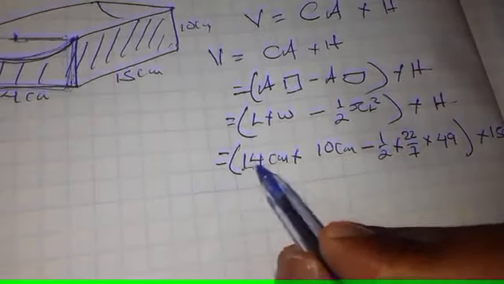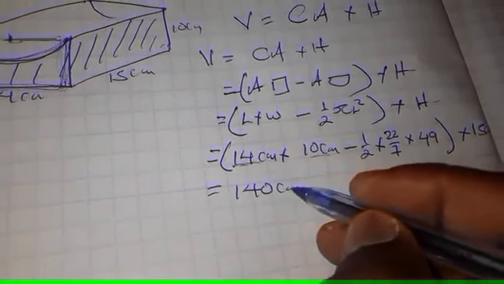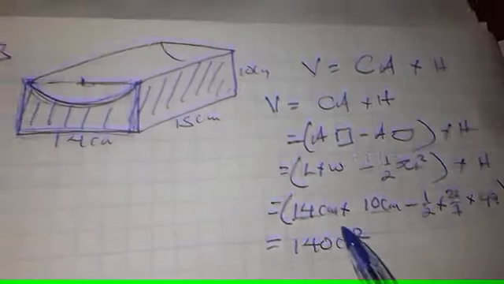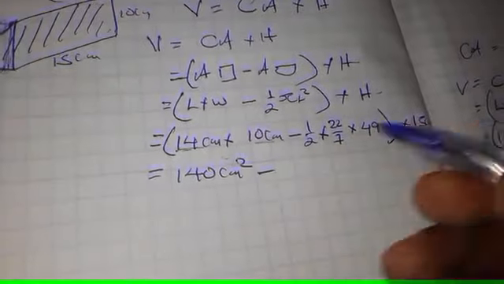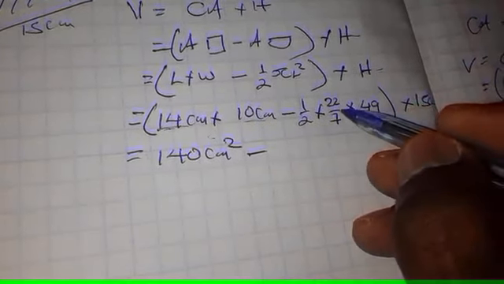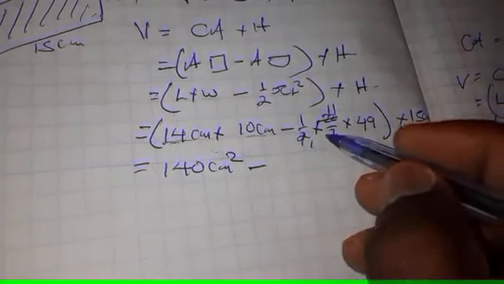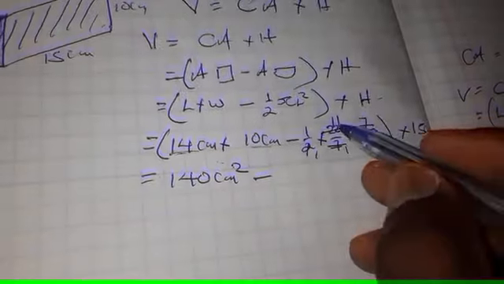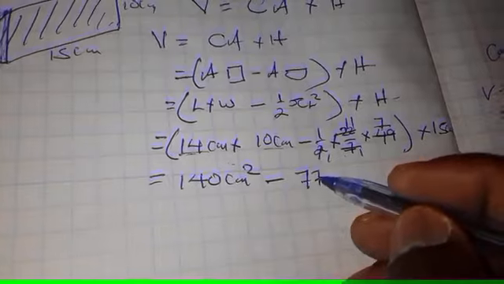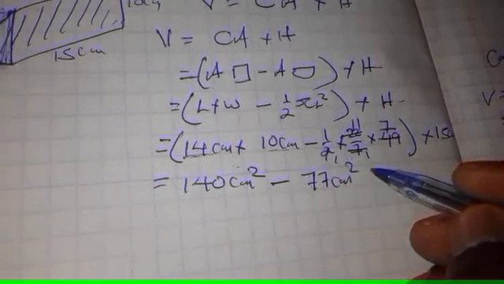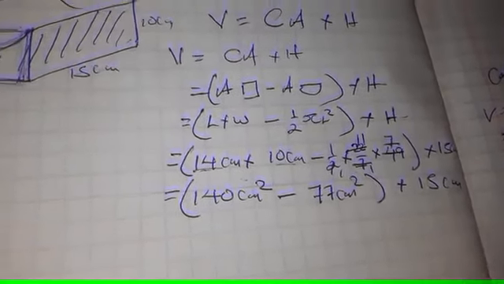So let's say 14 times 10, that's 140 square centimeters, which is the area of this rectangular part, and then minus a half times 22/7 times 49. 7 goes into 49 seven times, 2 goes into 22 eleven times, so 11 times 7 gives you 77 square centimeters, in brackets, and then we multiply by 15 centimeters.